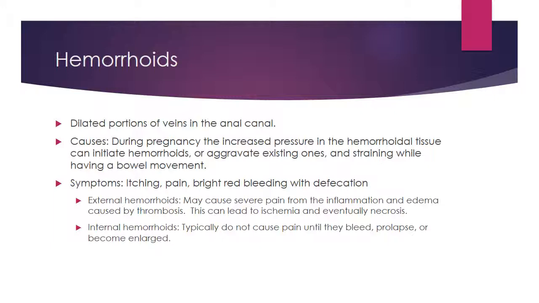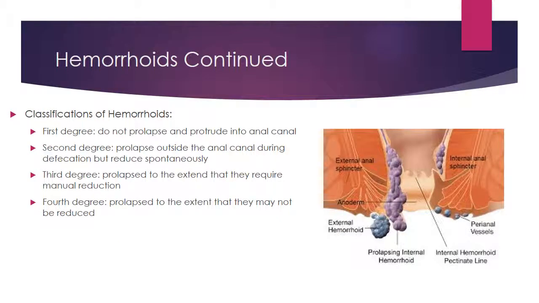Symptoms include itching, pain, and bright red bleeding with defecation, and there are both external and internal hemorrhoids. External ones may cause severe pain from the inflammation and edema caused by thrombosis, and this can lead to ischemia and eventual necrosis. Internal hemorrhoids typically do not cause pain until they bleed, prolapse, or become enlarged.